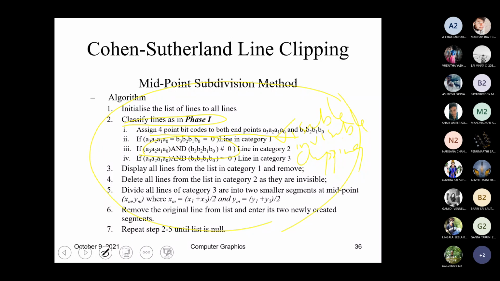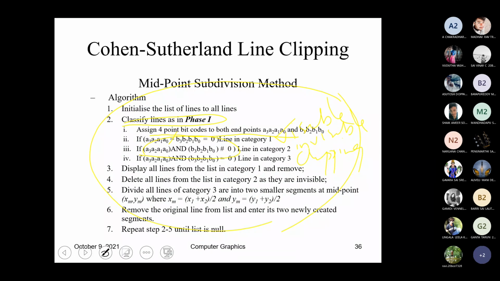Step 1, calculate the position of both endpoints of the line. Second, perform OR operation on both these endpoints. Third step, if the OR operation gives 0, then the line is considered to be visible.